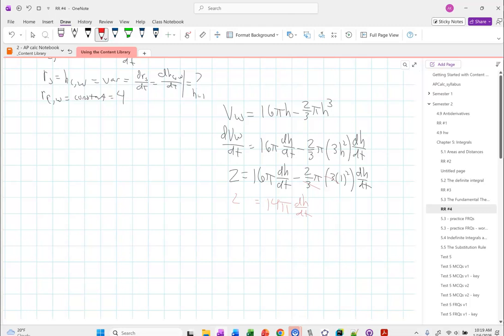And I divide both sides by 14 pi, so I'd have 2 over 14 pi, or it should be 1/7 pi. Does that feel okay? So 1/7 pi would be our answer instead of 1/6 pi. If you wrote down answers, update that for yourselves.